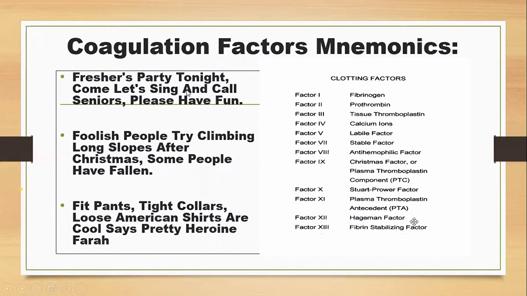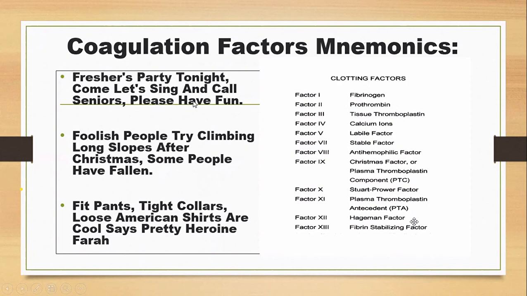This one is the anti-hemophilic factor 8. The Christmas factor, it has other names: the Christmas factor, or the anti-hemophilic factor B, or the plasma thromboplastin component, PTC. Then senior is the Stewart-Prower factor. P is plasma thromboplastin.